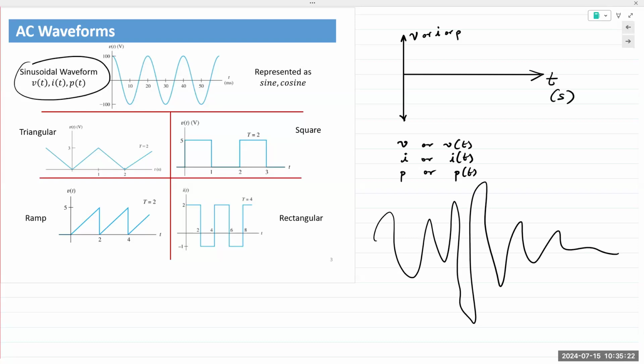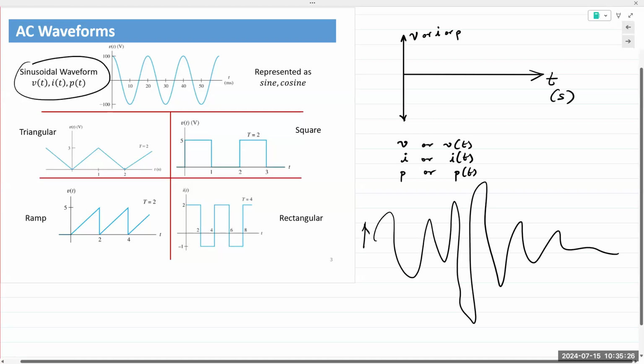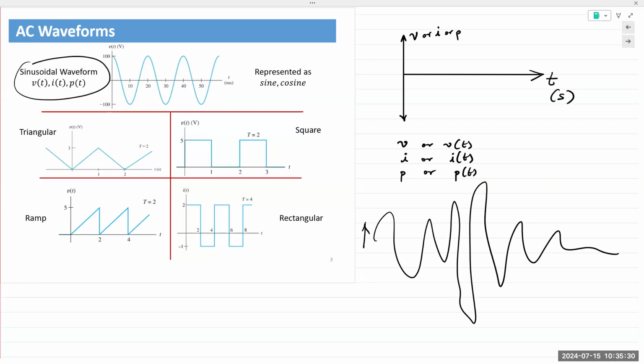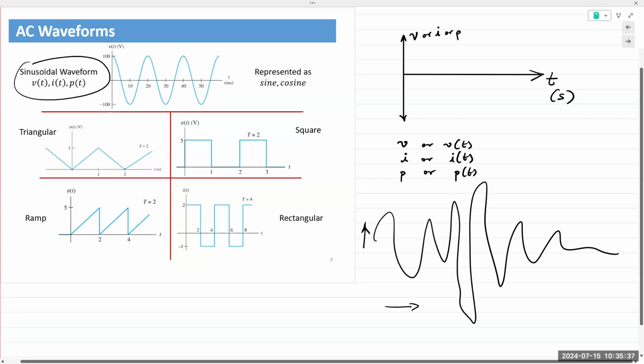So if I make a loud noise, the amplitude or the Y direction might change. If I change the tone of my voice, whether I go very high squeaky or go very deep like a baritone, then the frequency on the x-axis would change. And we'll look at what each of these terms would mean.